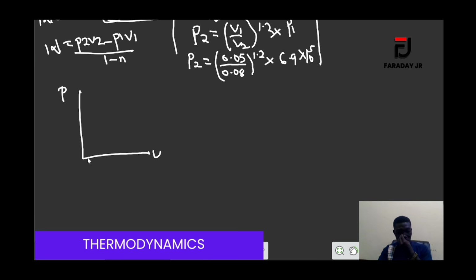First of all, we need our initial pressure at this point over here, so you can have our P1 here, then we can have our P2 here. Next we have our initial volume, and we have our final volume too.